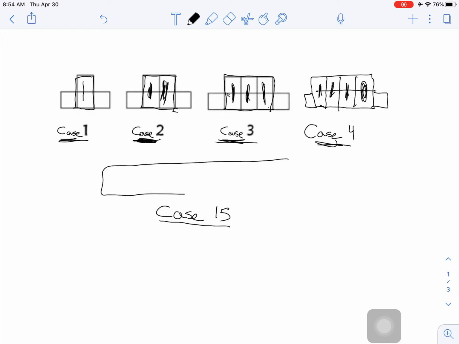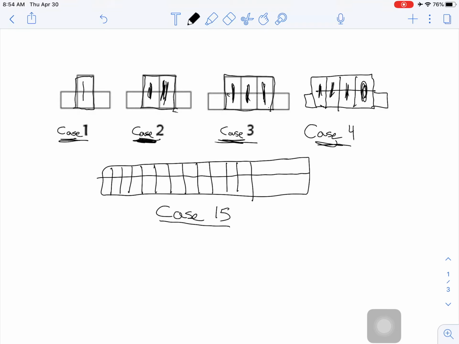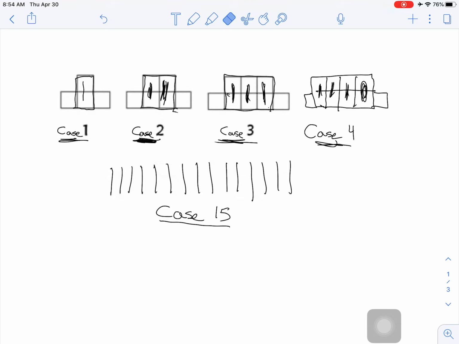So I'm going to draw that out, and you're going to have to draw out case 15 for all the examples here. So let's go 1, 2, 4, 5, 6, 8, 9, 10, 12, 13, 14, 15.